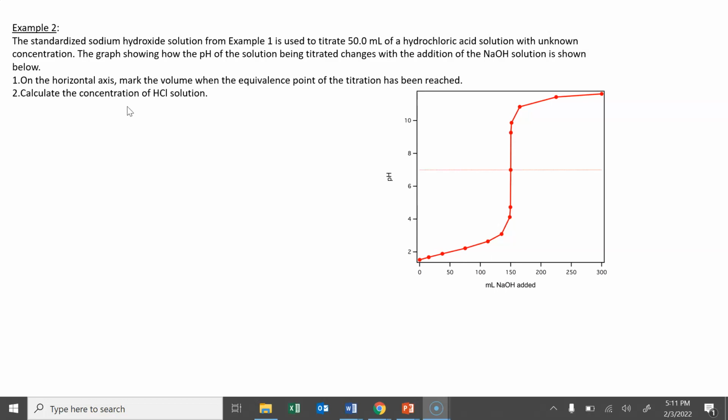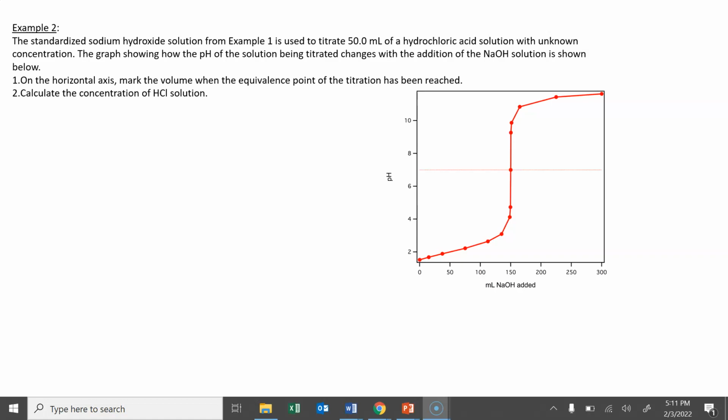And then we want to calculate the concentration of HCl solution. That would be done by taking the number of milliliters of NaOH, converting it to liters, dividing by 1,000, and then using some stoichiometry to go from moles of NaOH. We have the molarity, we have the volume, which is 150 milliliters.